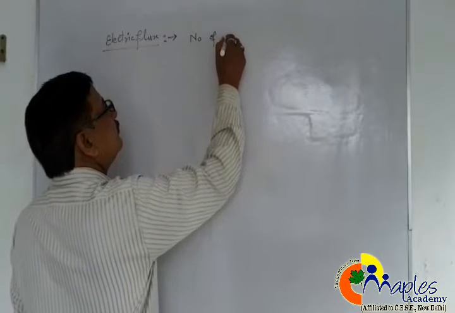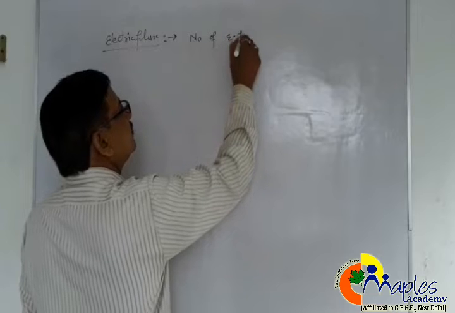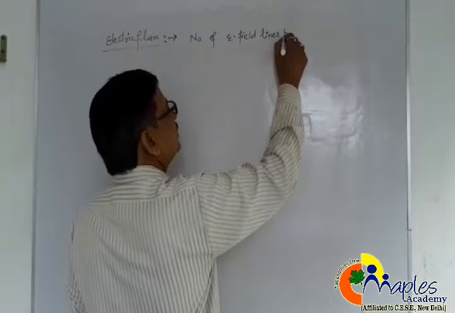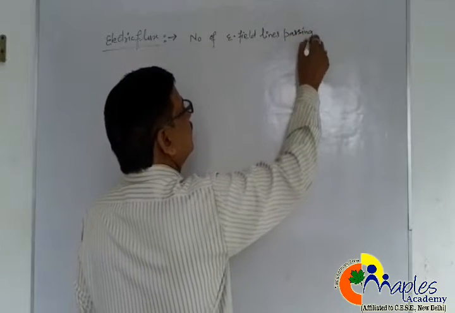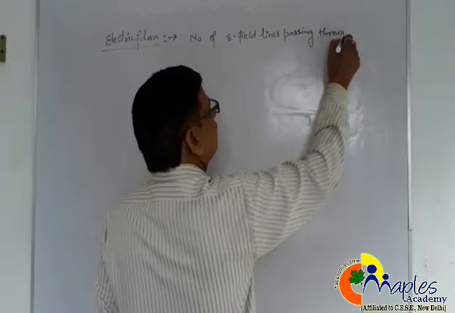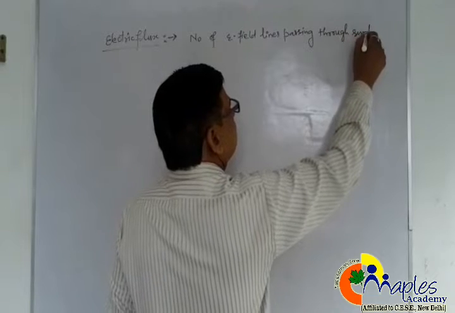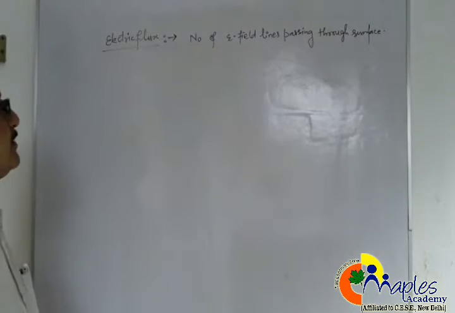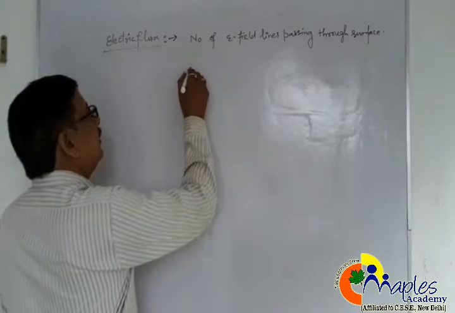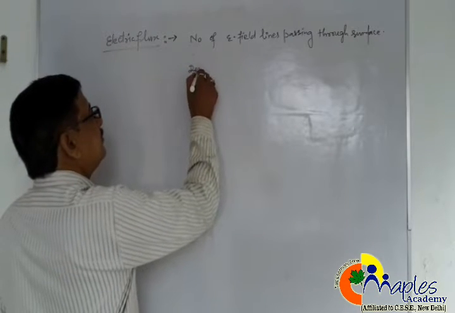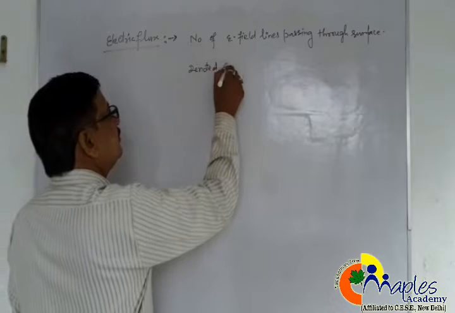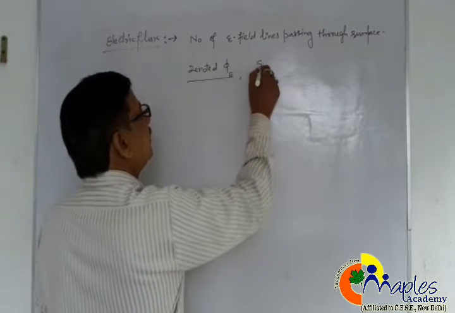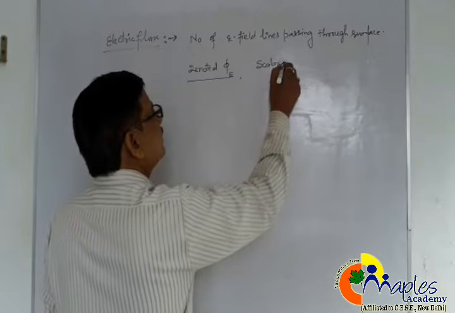Number of electric field lines passing through a surface is the measure of electric flux. We denote it by phi, and it is a scalar quantity.